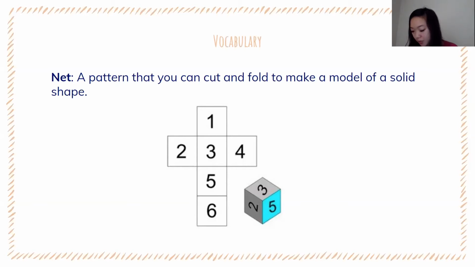If you wanted to be like an artist, you can totally use a ruler, but I'm just going to hand draw. Hopefully it'll work out for me. Okay, so it looks about like this.